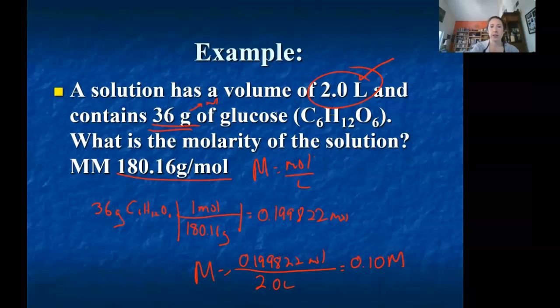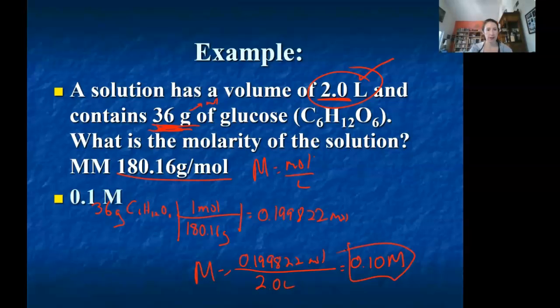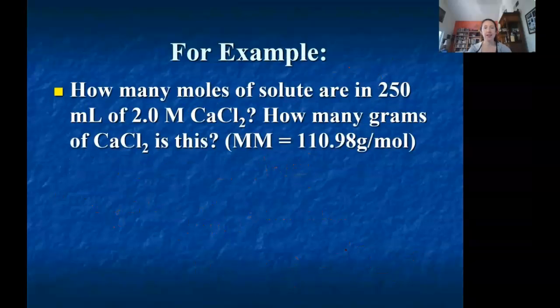And again, if we look at our sig figs, 2 sig figs, 2 sig figs, we should be good. Okay. I had 0.1, but I mean 0.10. So this is a great question, right? Really good review for your exam. So let's try another one.